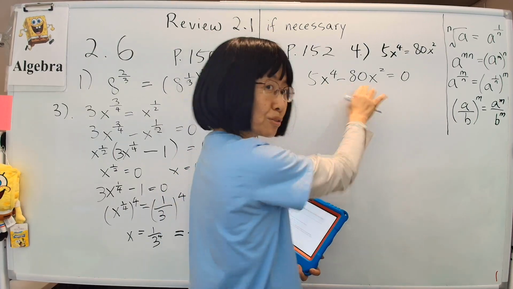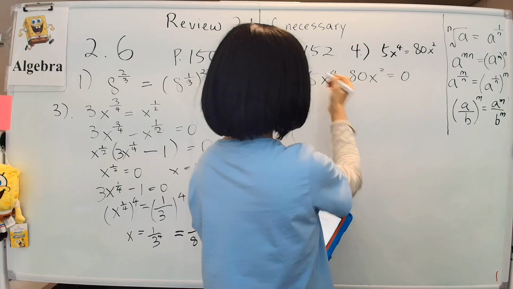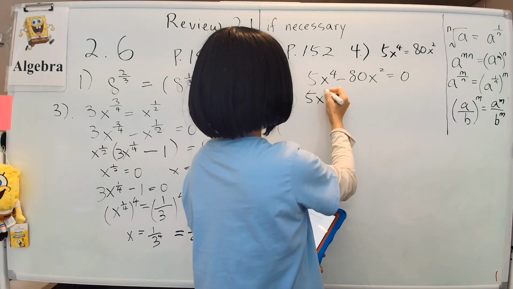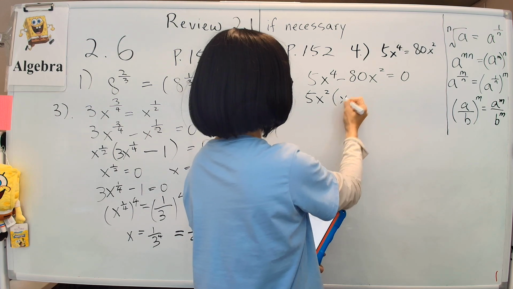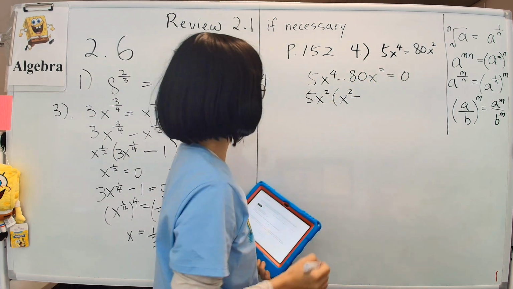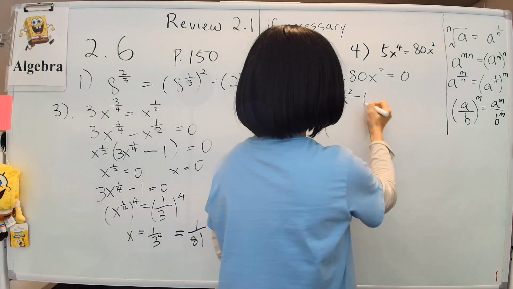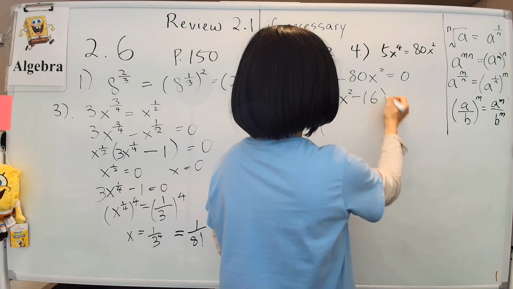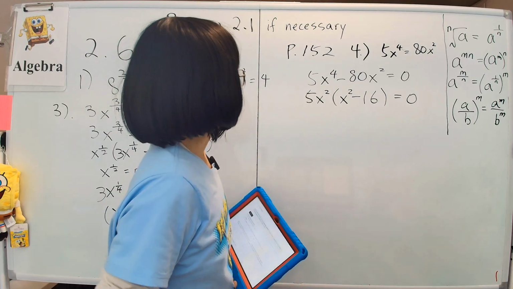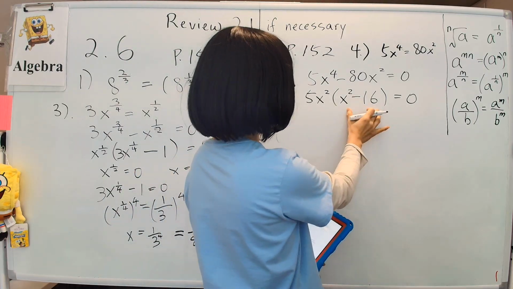That has an x squared as a common factor, and 5 also, so we'll take both out. So we'll take out 5x squared, which leaves us x squared minus, and that is 80 divided by 5, that's 16. You can use your calculator to confirm it.